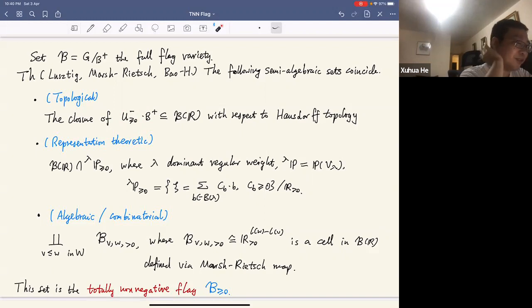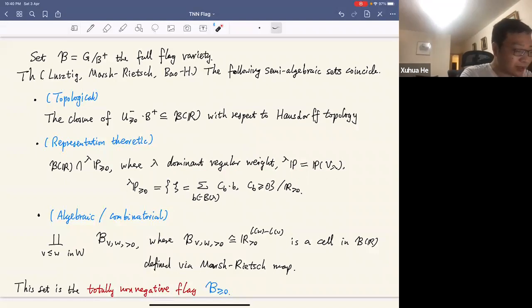And there's another, totally different definition, which uses the canonical basis. We start with a dominant regular weight, and then we look at all the projective lines in this V lambda, and we have the natural embedding of the flag variety into this one.